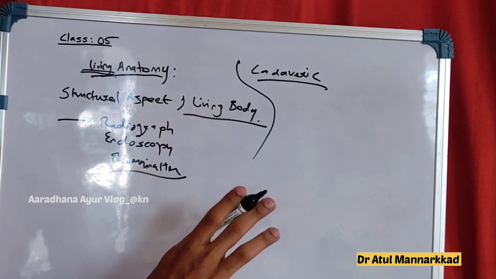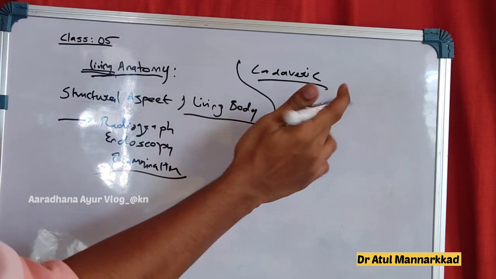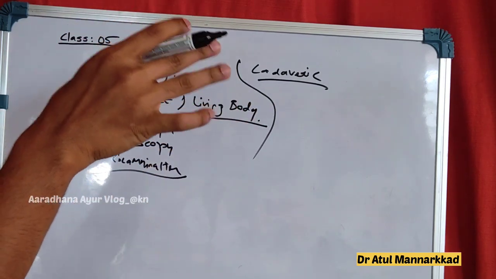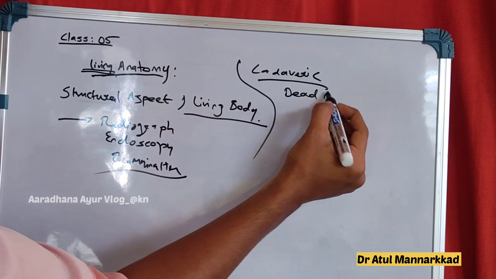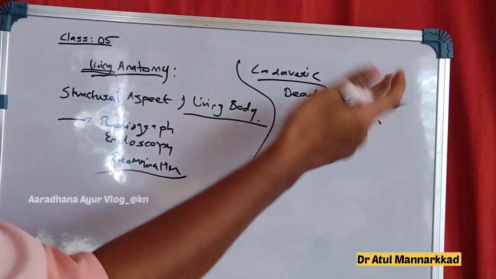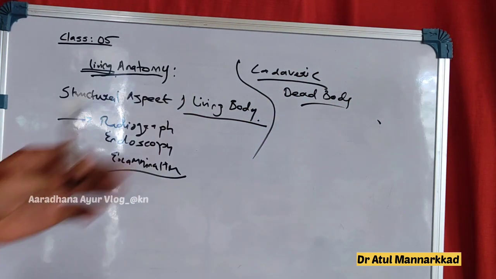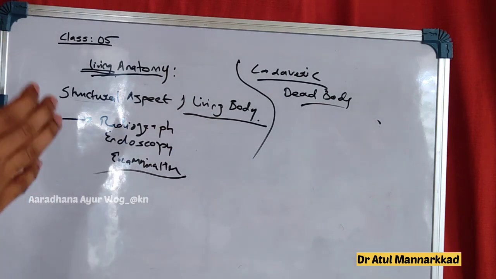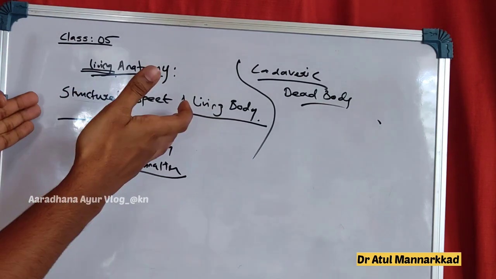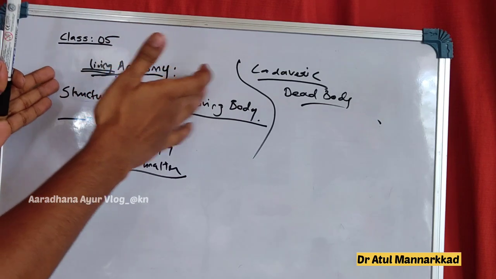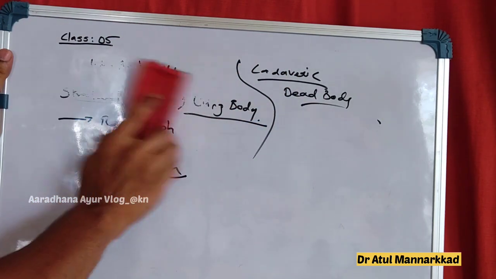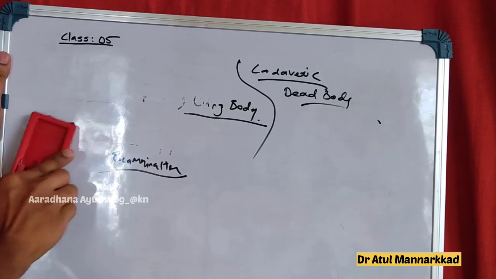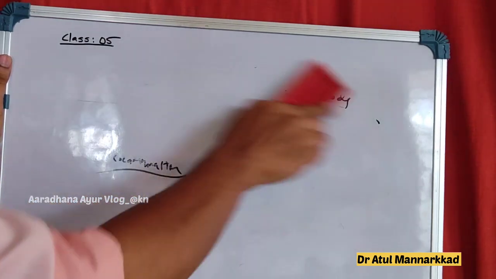Here we study the anatomy by using a dead body. When we study the same thing by using dead bodies, it is called cadaveric anatomy. When we study the structural aspect in the living body, it is called living anatomy. When we study the same thing in the dead body, it is called cadaveric anatomy. That's the difference.